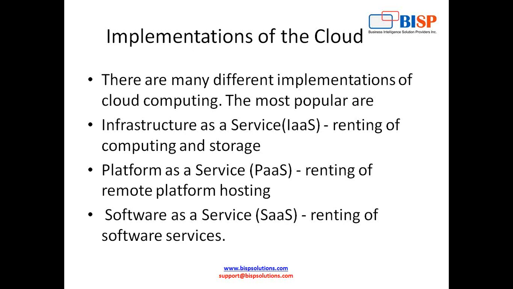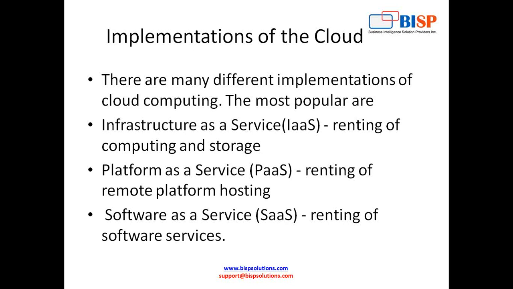So what do you do? You rent a particular cloud storage service where they store your content for you, and according to the storage space they take money from you. So this is infrastructure as a service, and Amazon Web Services, Google Drive and Dropbox are all famous examples of infrastructure as a service.